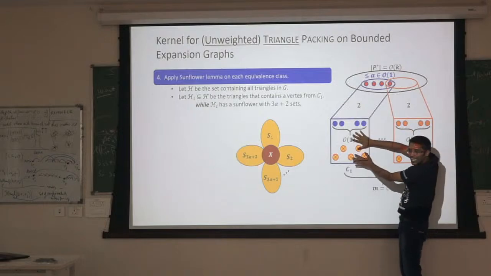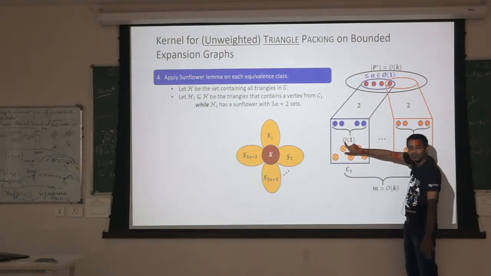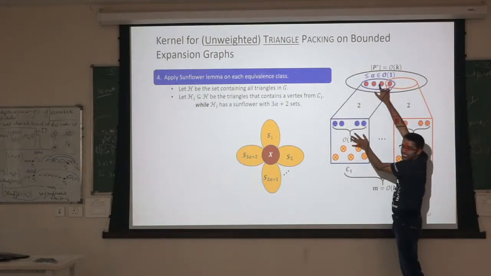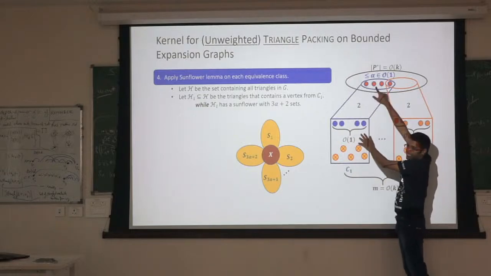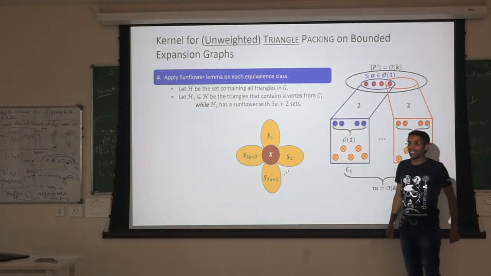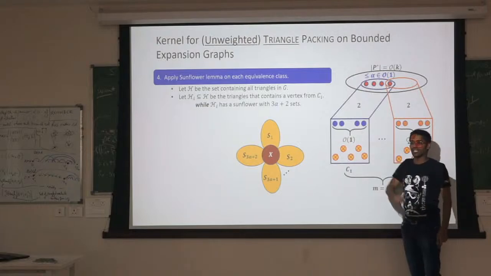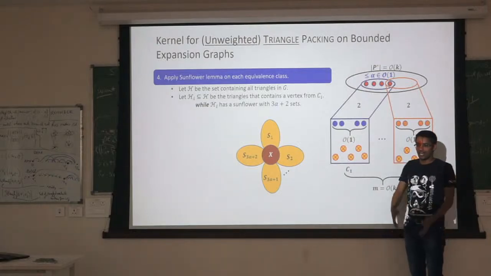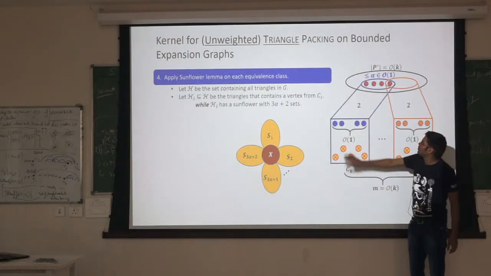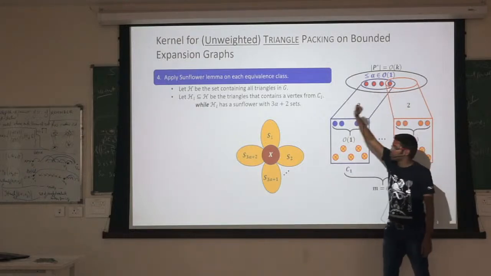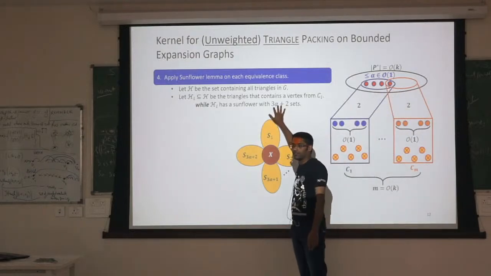And since this graph is triangle free, you can't have any triangle here. So every triangle has to intersect here. So how many disjoint triangles can you have with an equivalence class? At most alpha, right? Because there are alpha many things here. So that's where the intuition of the sunflower lemma comes.